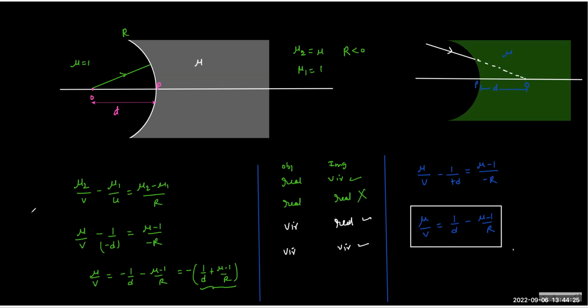If you remember, a convex mirror can form everything except real, and a concave mirror can form everything except virtual. Something similar to that, but in a reverse order.